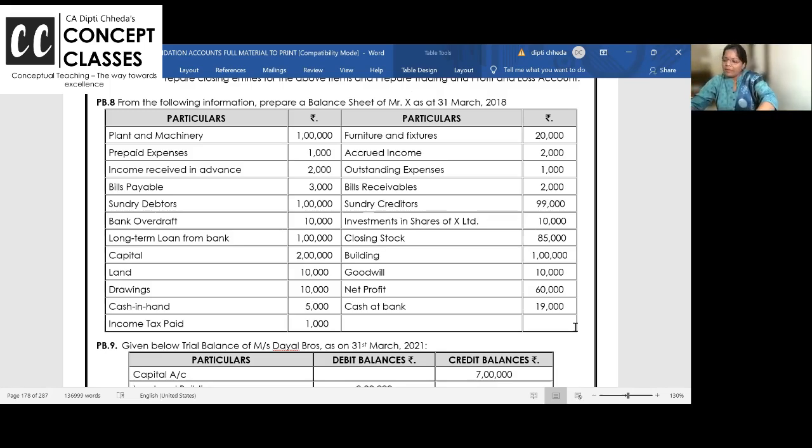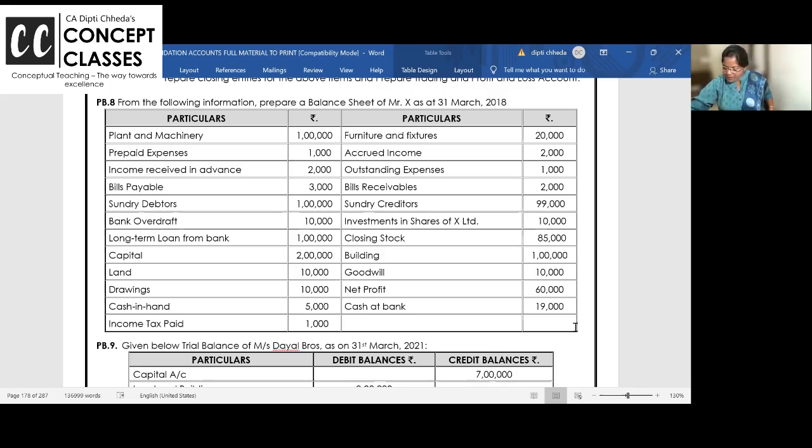Read the problem. Plant and machinery, furniture, prepaid expenses. Did you all understand? What prepaid expense is will become clearer. Today only I am going to explain more adjustments, so in those adjustments it will be more clear.